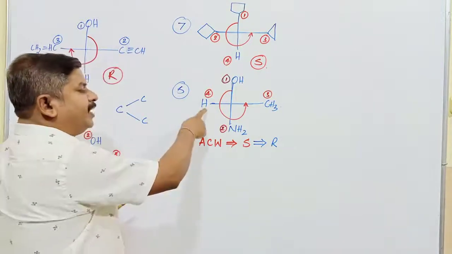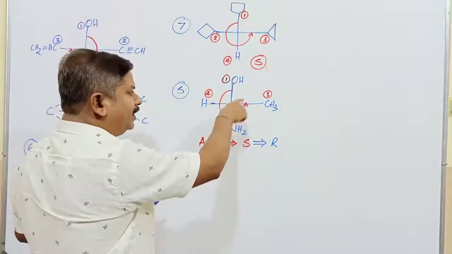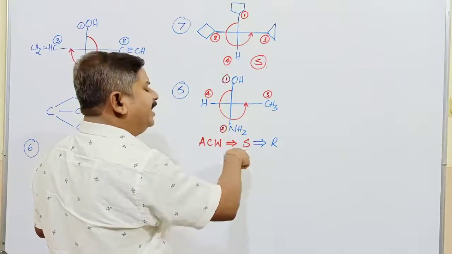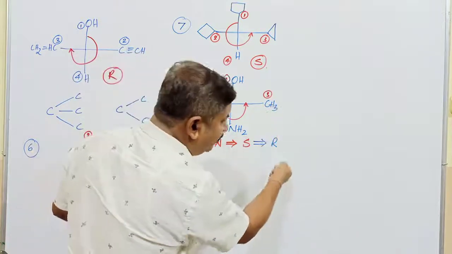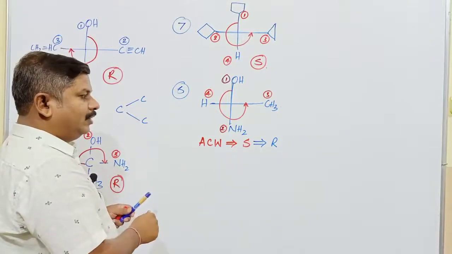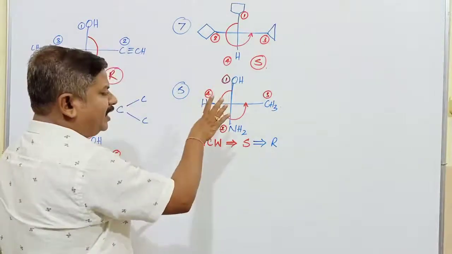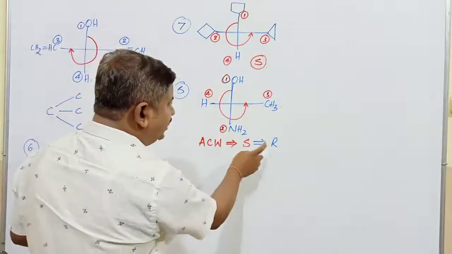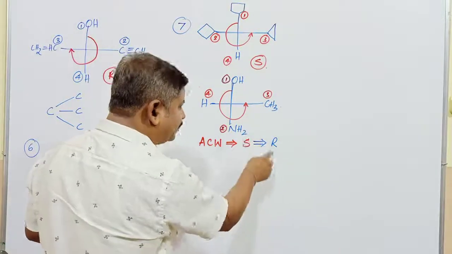Whenever the lowest priority group is present in horizontal position, if the molecule is obtained as S isomer, it is taken as R isomer. If it is obtained as R isomer, it should be considered as S isomer. This is commonly called a golden rule. This golden rule is helpful in identification of the configuration R or S, and this should be followed. Conversion of S into R or R into S is to be followed.